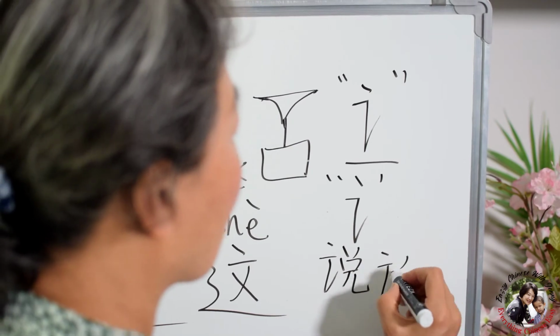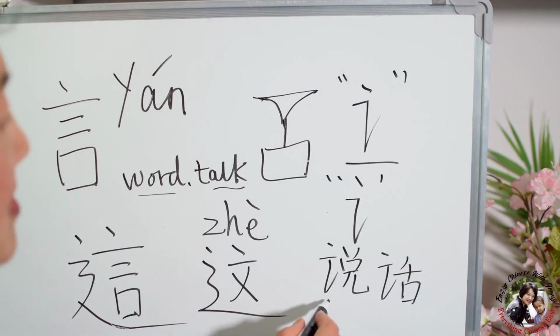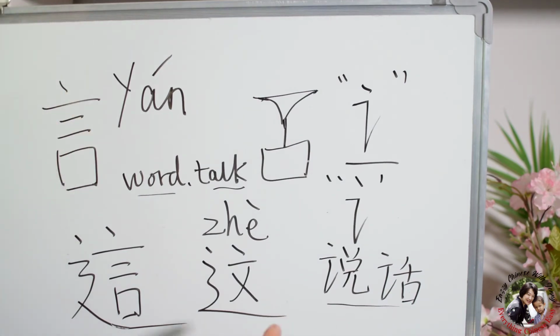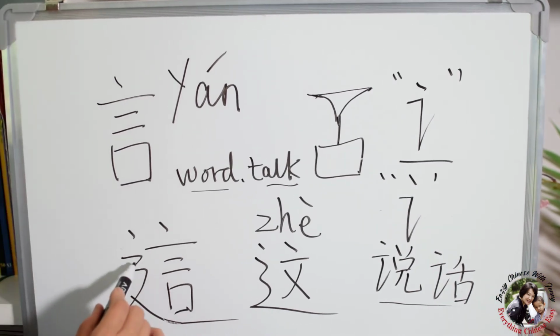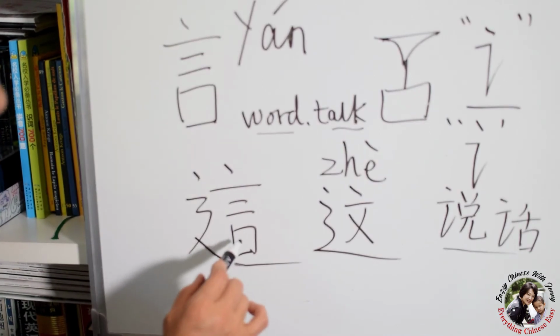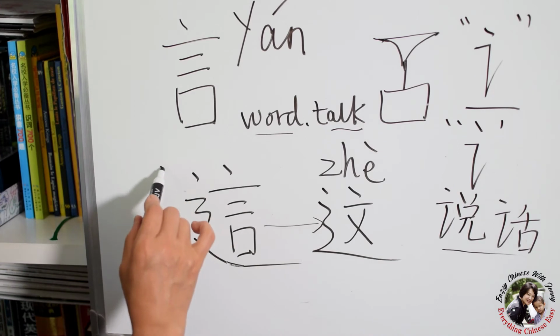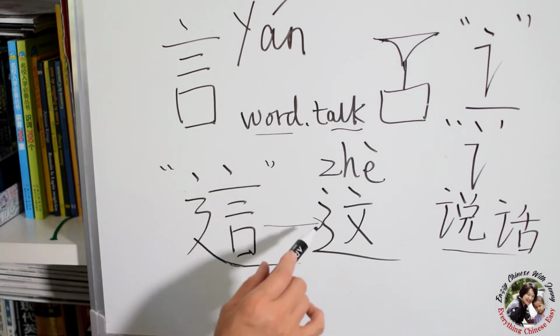See, all have this radical. This together means talk. We will learn it later, but I just let you know this is a radical for many words which mean talk, speech. And when we put this radical, remember this one means you walk. It means here. This is the simplified version, and this is the traditional version, means here.